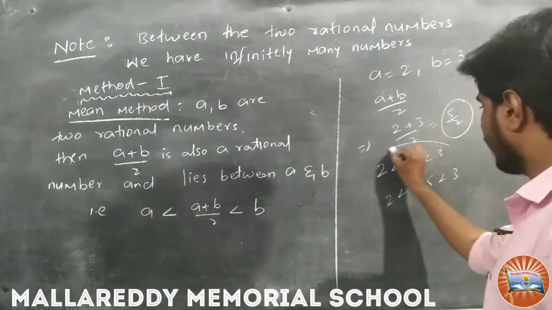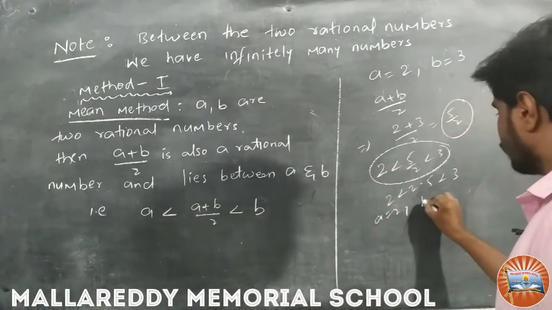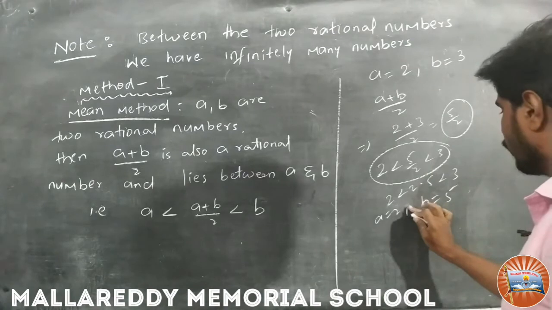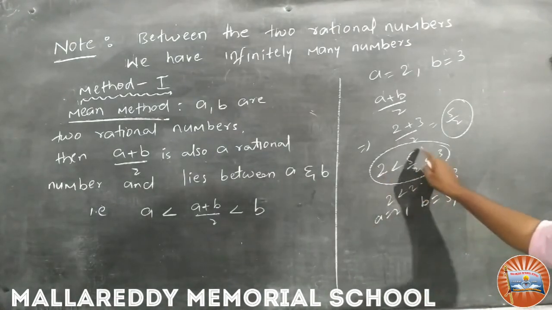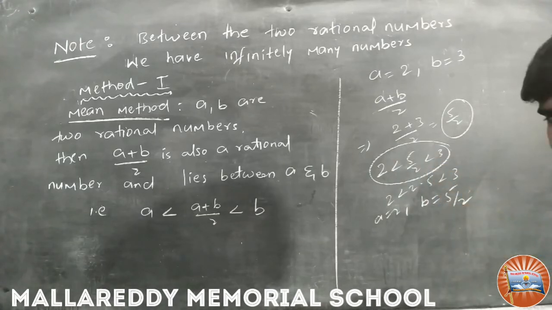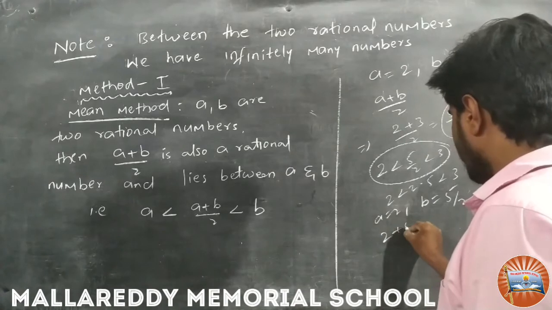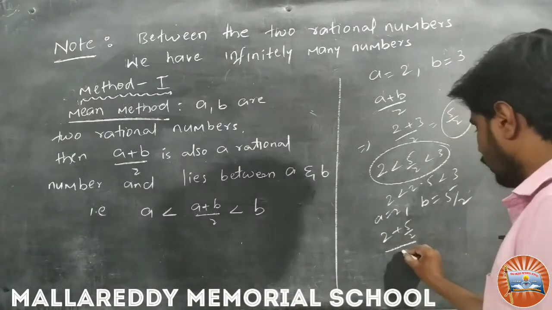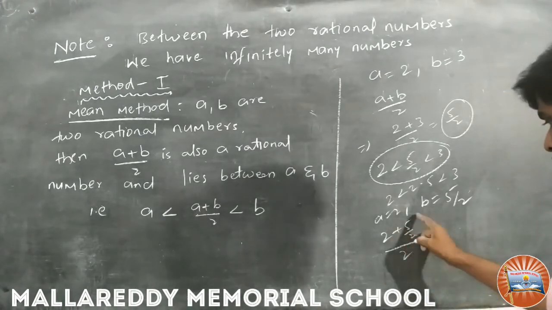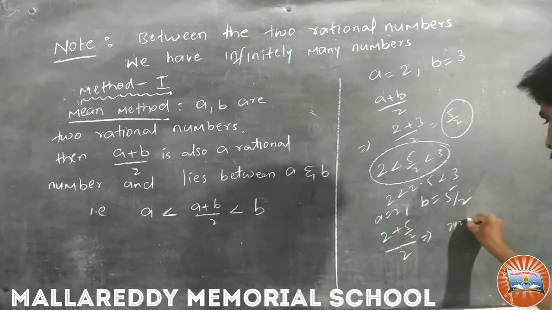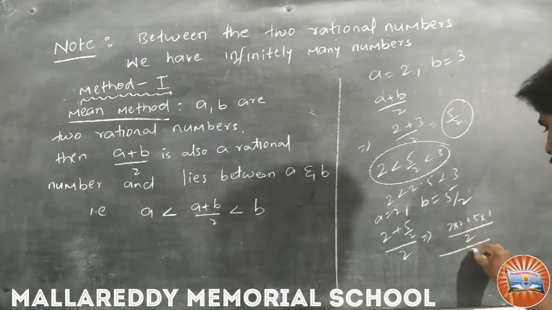Again, if I take A equals 2, B equals 5 by 2, I am taking 2 as A and 5 by 2 as B. Then again, 2 plus 5 by 2, all by 2. What becomes? Cross multiplication: 2 into 2 plus 5 into 1 by 2, all by 2.